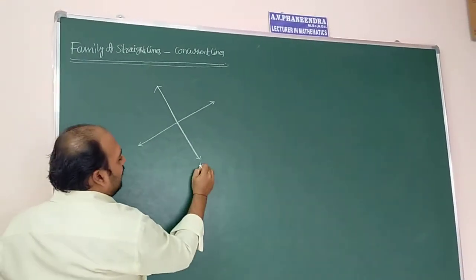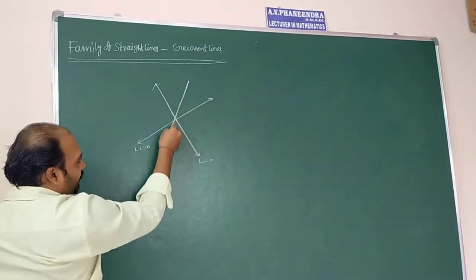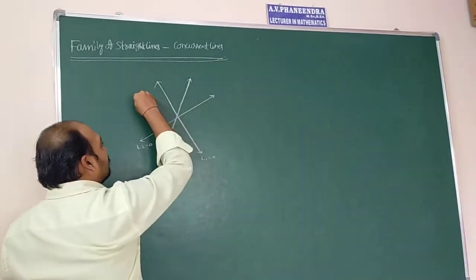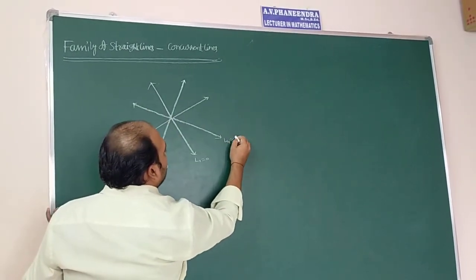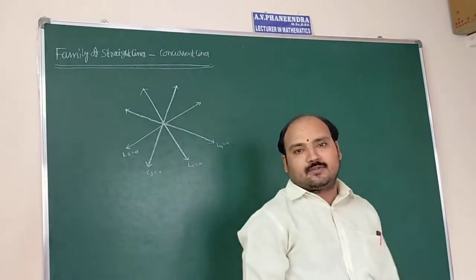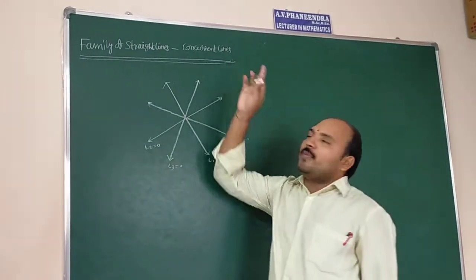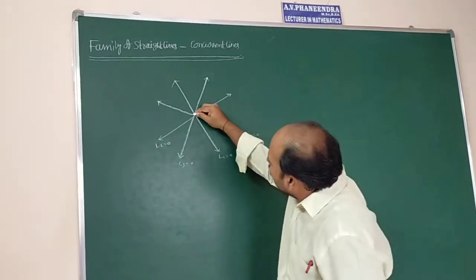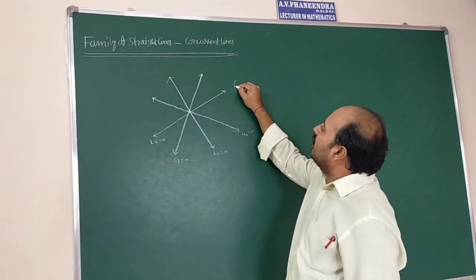Observe that all the lines L1 equal to 0, L2 equal to 0, L3 equal to 0, L4 equal to 0, like this different lines. These are the family of straight lines. When these family of straight lines pass through one and only one point, or unique point, they are said to be concurrent lines.